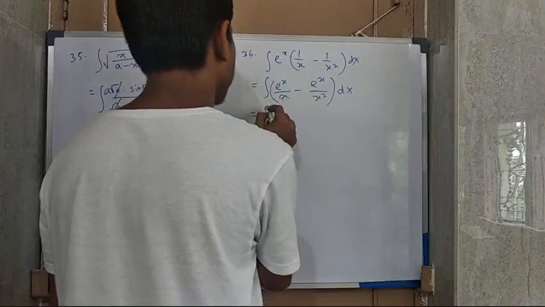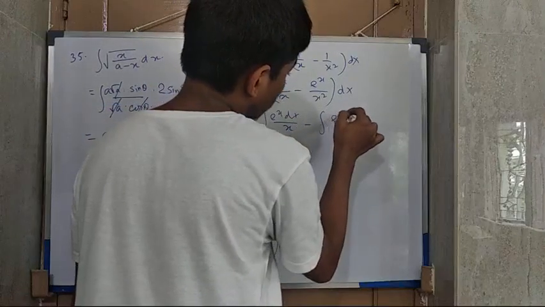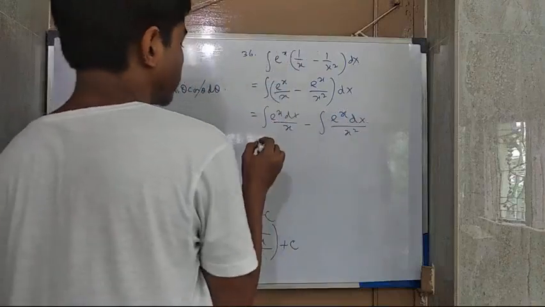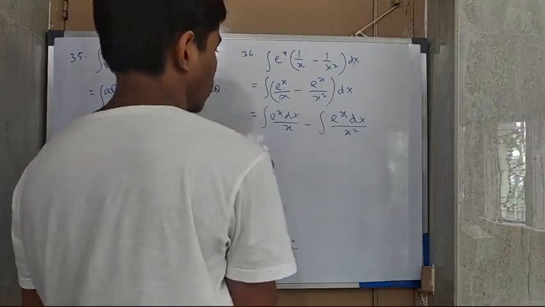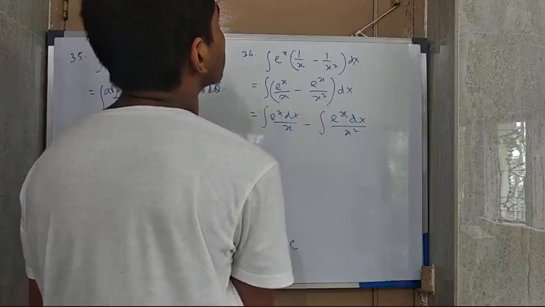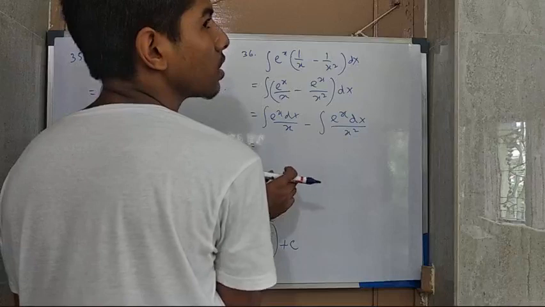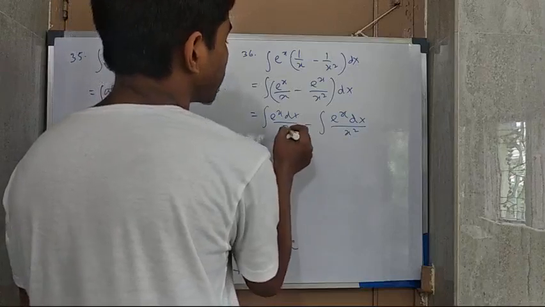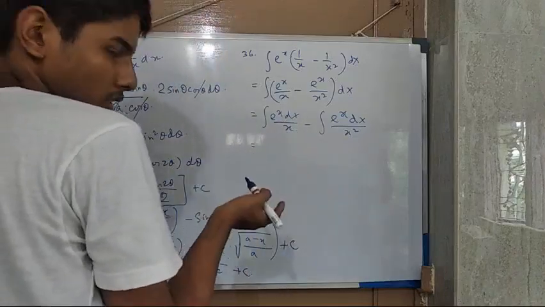Okay. Integral e to the power x dx by x minus integral e to the power x dx by x squared. Now I apply integration by parts on this. Let's take 1 by x as the first function and e to the power x as the second function.